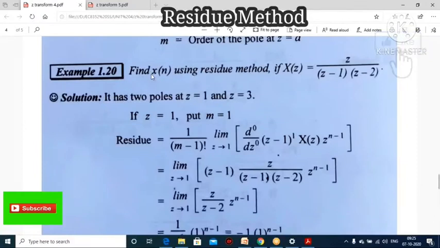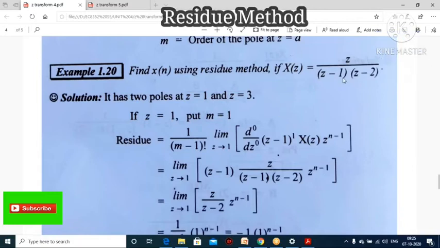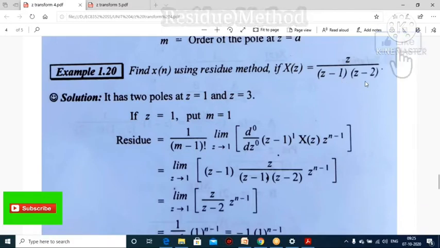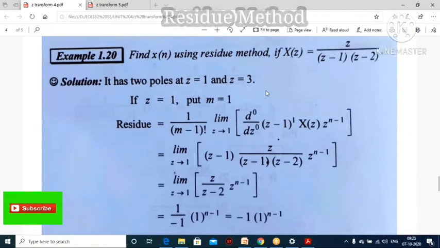Example 1: find x[n] using residue method, if X(z) equal to z divided by (z minus 1)(z minus 2). First thing is you have to find out the poles. How many poles are given in your X(z)? Just find out that.